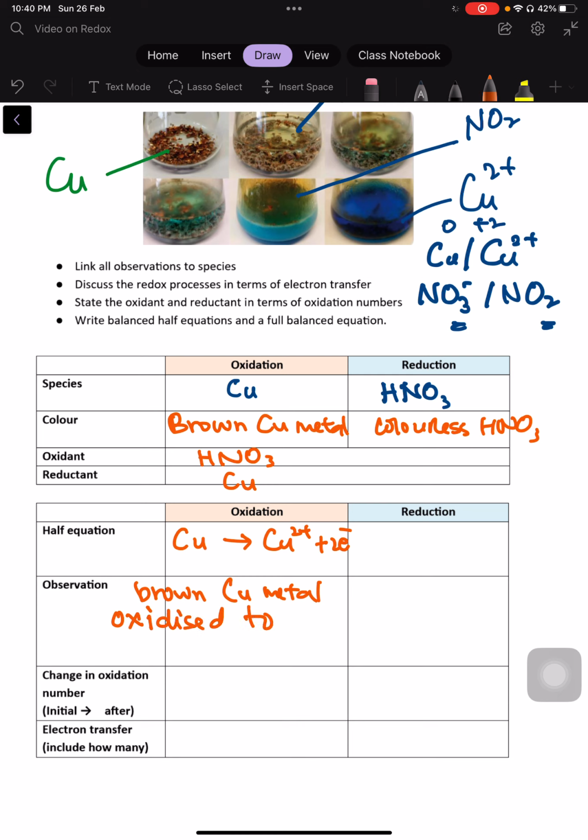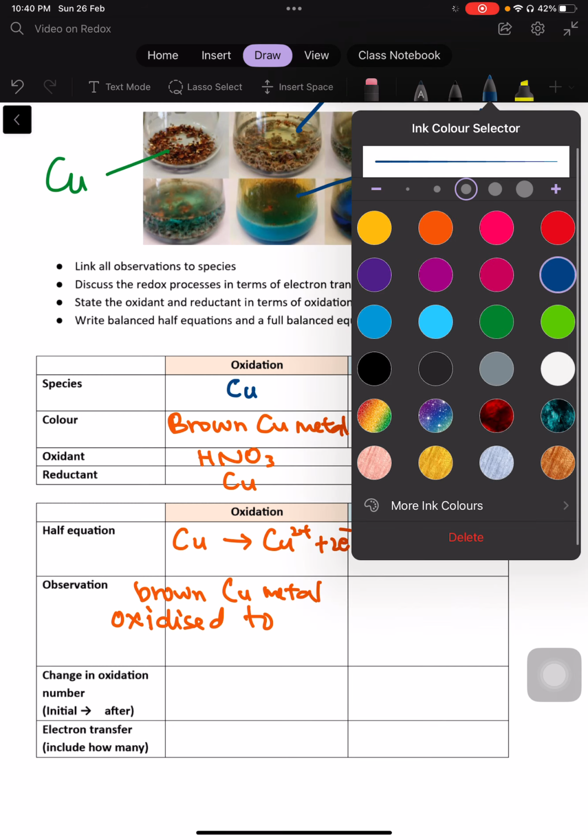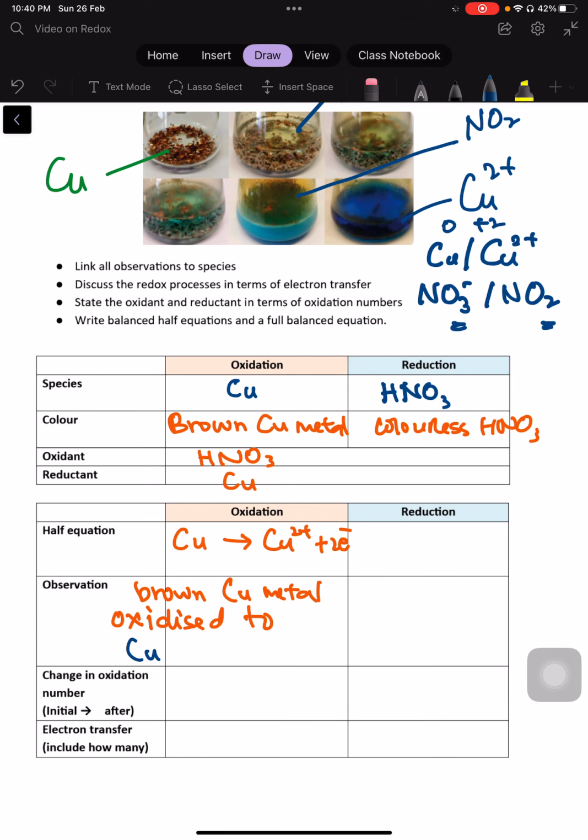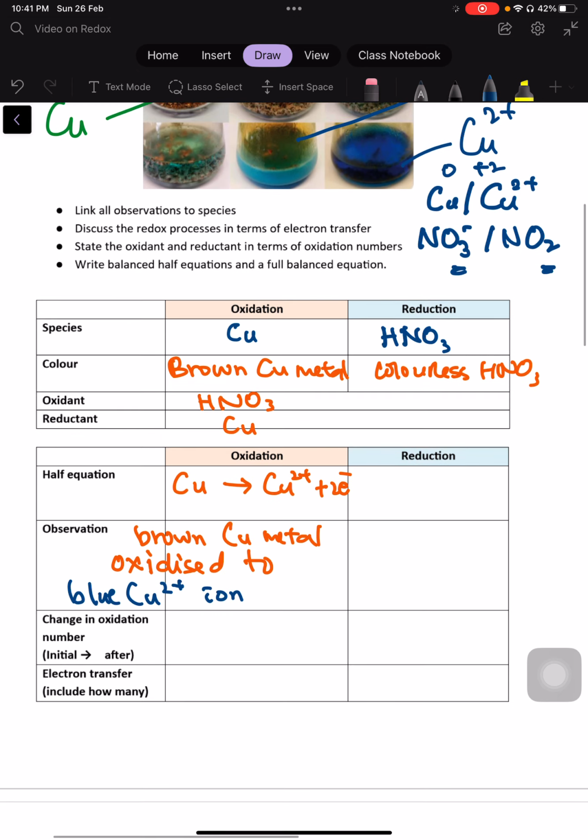Oxidized to, just to make it more interesting, I'll change it to blue color. Blue copper 2 ions, and the change in oxidation number always starts from the element, copper as copper metal.